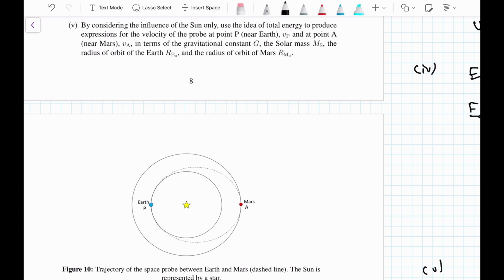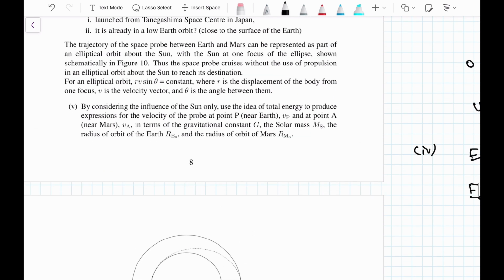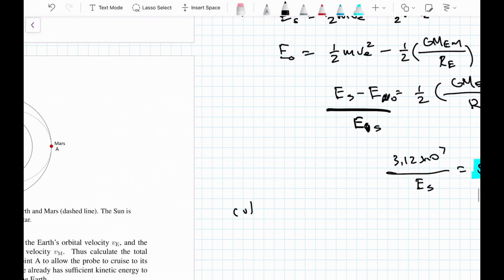We're given the equation R V sine theta, and this is equal to a constant, so let's just say it is equal to a constant. Okay, so then R will be constant, changing V. Okay, so you want to calculate VP and VA.